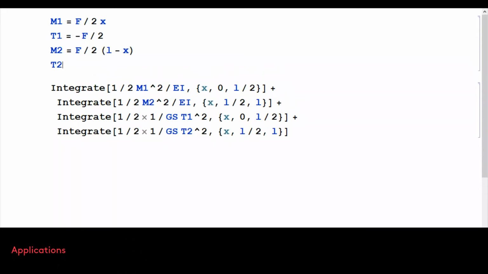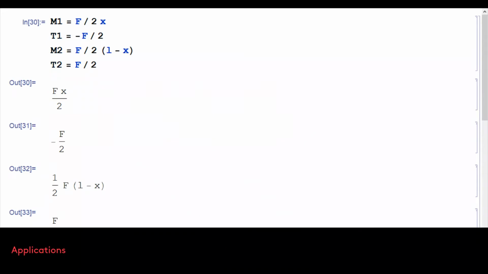And T2 is equal to F over 2. So these are my variables.